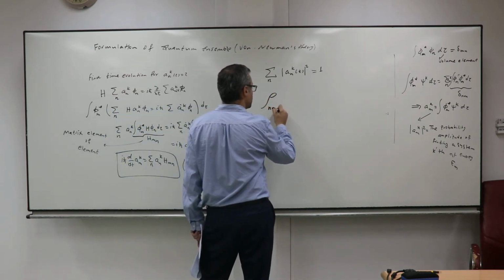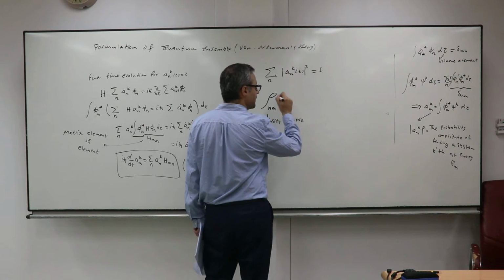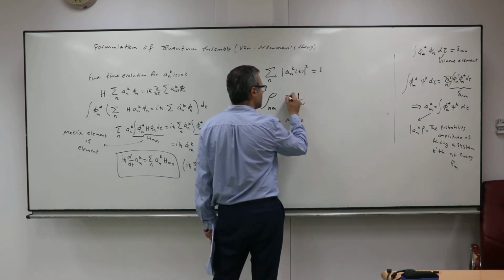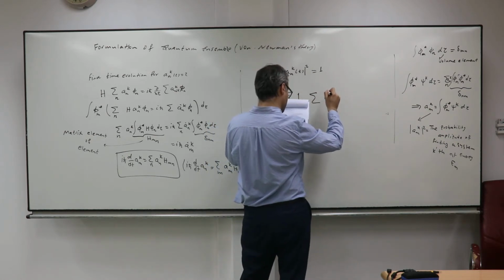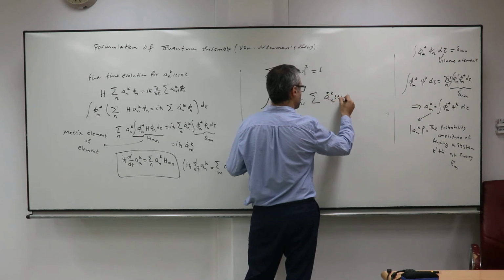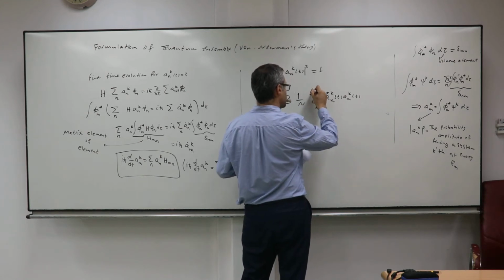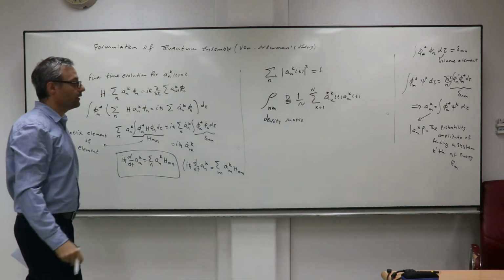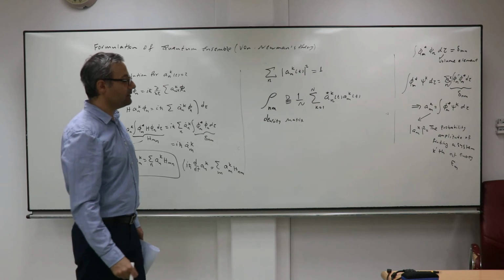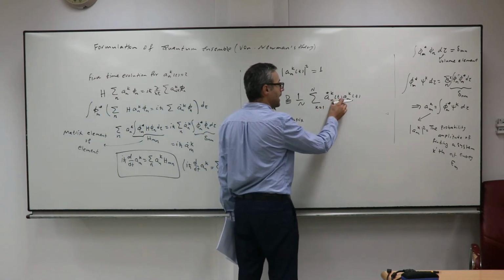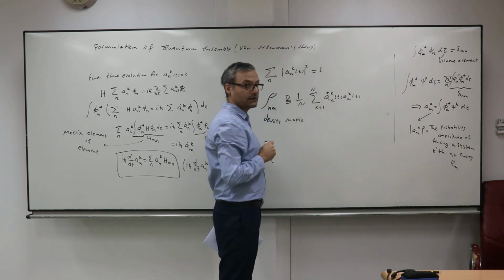Now we define the density matrix using this A. This is the definition of the density matrix: 1 over N, sigma k from 1 to N, and inside the sigma you have the amplitude of finding each element in the different quantum states.